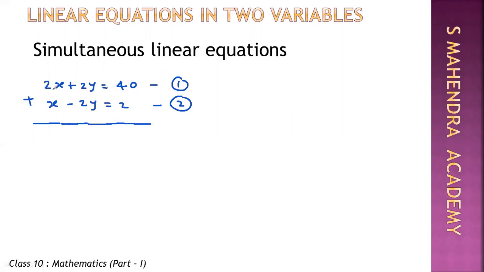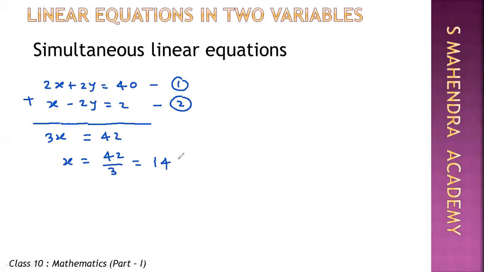So the addition of equation number 1 and 2 will be 2x plus x is equal to 3x, 2y minus 2y will become 0, and 40 plus 2 will become 42, and the value of x will be 42 divided by 3, and the result is 14.